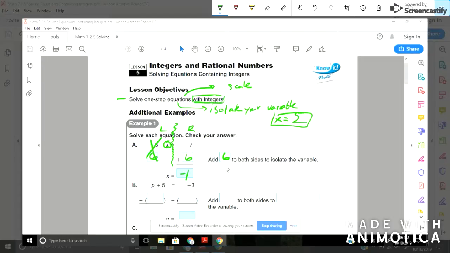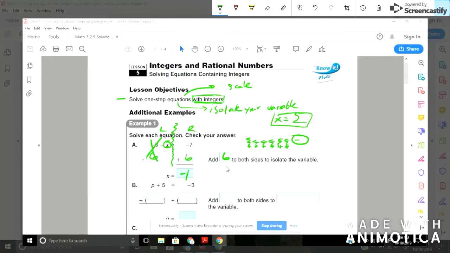Remember, if you're still a little bit confused on that, it's like saying you have 7 negatives, 1, 2, 3, 4, 5, 6, 7, and 6 positives, 1, 2, 3, 4, 5, 6. One positive and one negative will cancel each other out, and you're just left with 1 negative, which is what we came up with. So in the end, negative 6 plus negative 1 gives us negative 7.